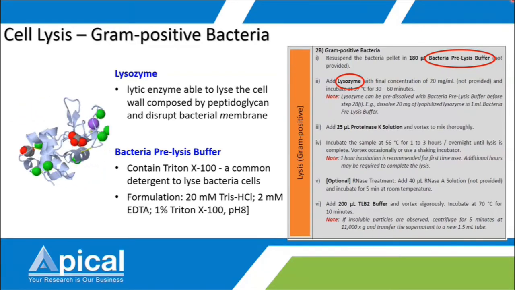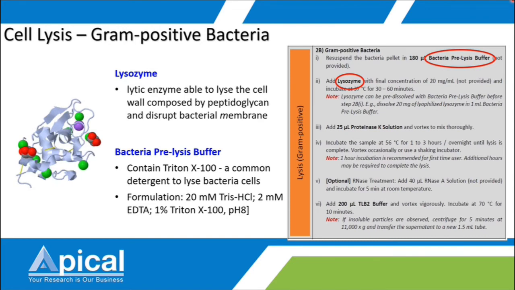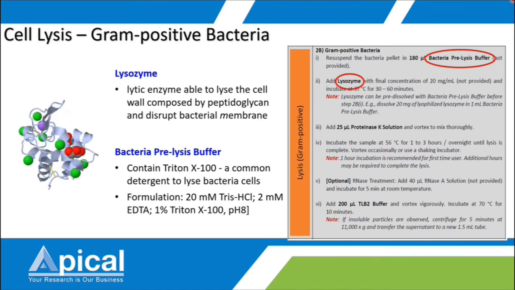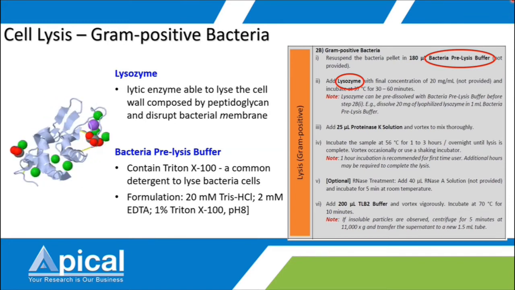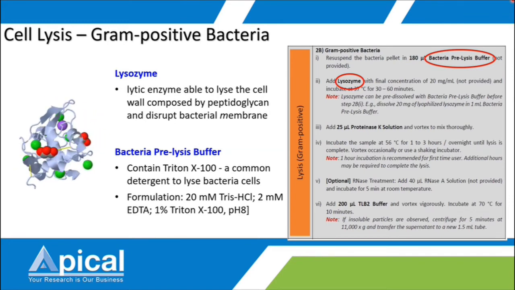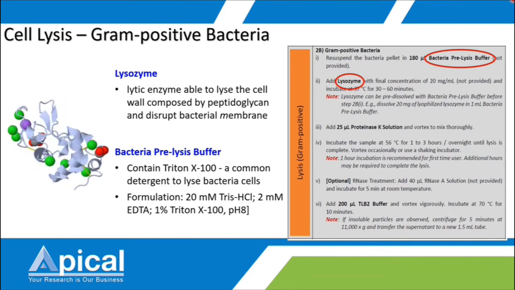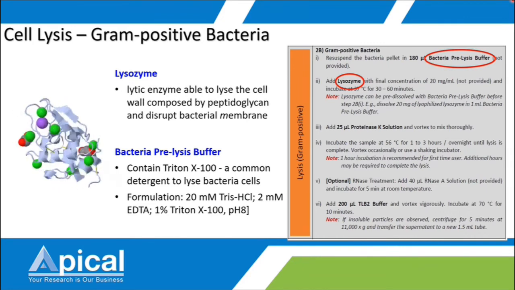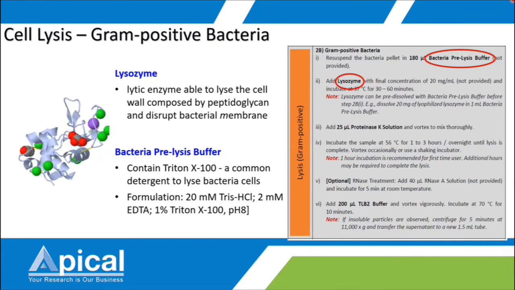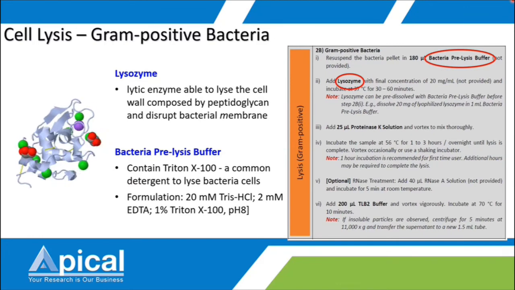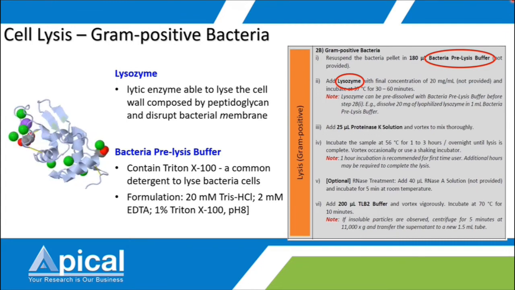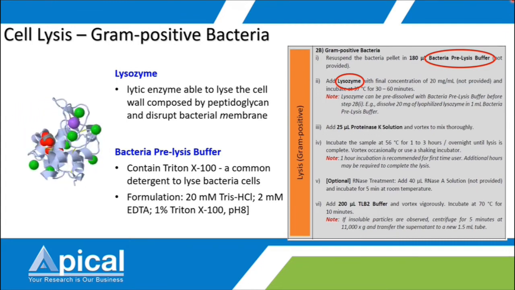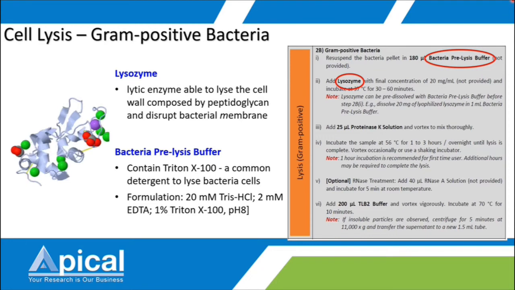Lysozyme can help you to get a higher yield for your extraction, but if it is for DNA barcoding, or your application does not need such a high gDNA yield, then you can skip this step. But different types of gram-positive bacteria may have different thickness of the cell wall.